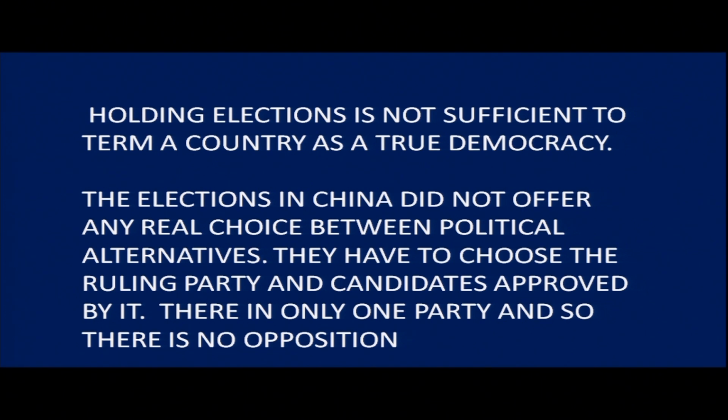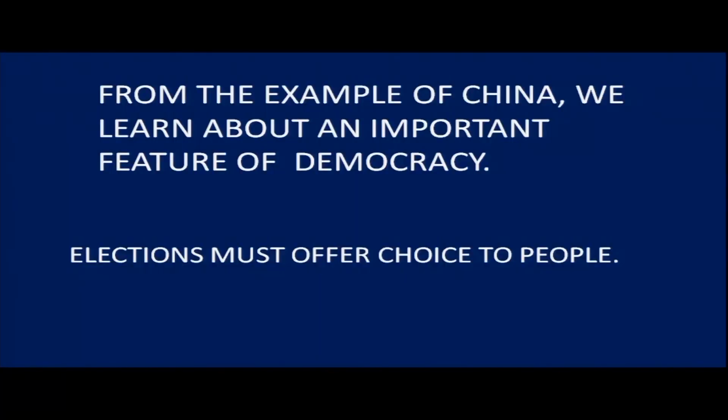They had to choose the ruling party and the candidates approved by the ruling party. Since there is only one party, there is no opposition to bring out the faults of the ruling party to the public eye. From the example of China, we learn the second important feature of democracy, which we will complete after we discuss Mexico.